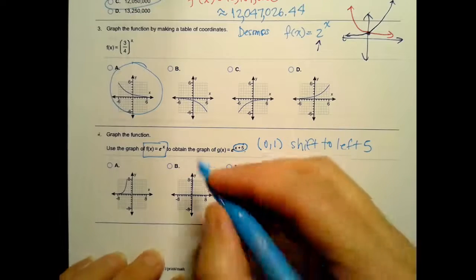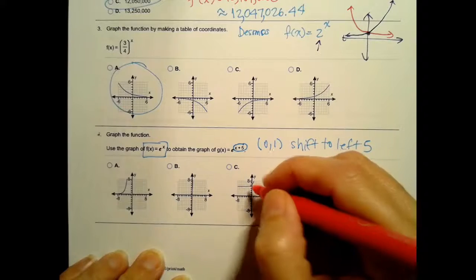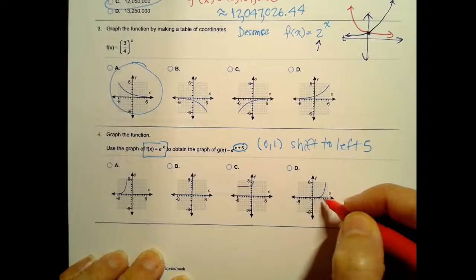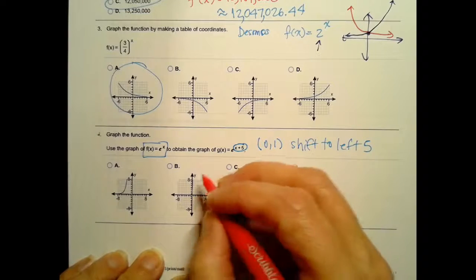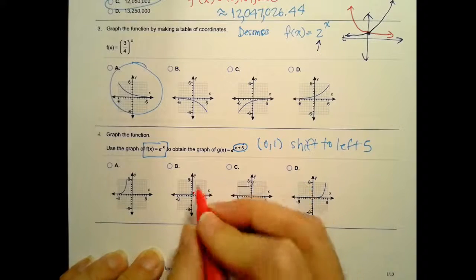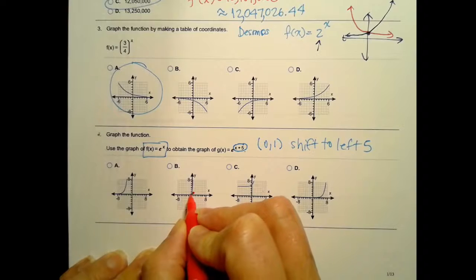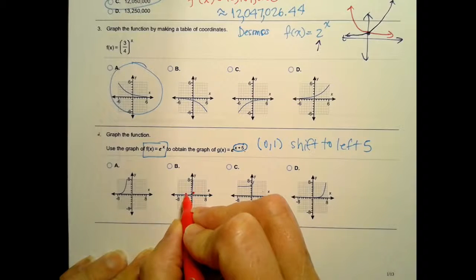So if we look at all of your answer choices right here, you can see that (0, 1) point. So think about the (0, 1). It's right here, right there. Okay, so that point right here would have to shift 5 to the left. So 1, 2, 3, 4, 5.